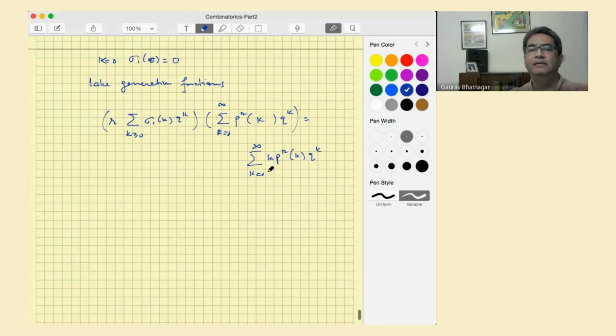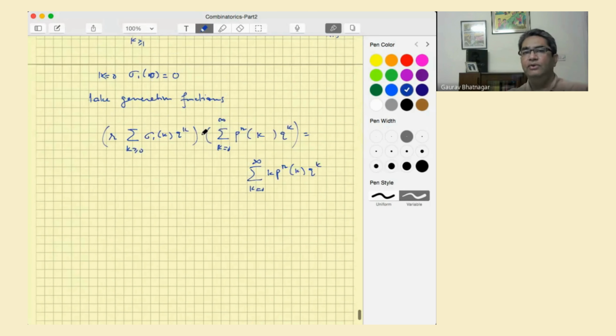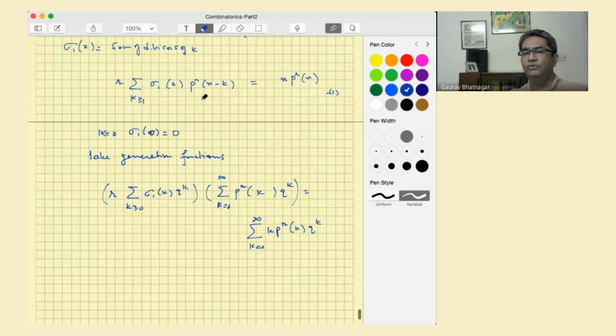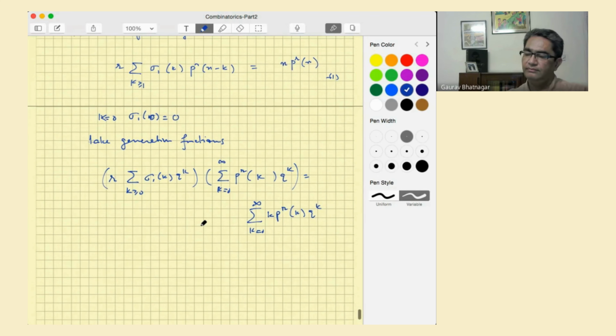So on both sides I'm just taking generating functions. On the left hand side, since it's a Cauchy product convolution, we just get this. Is that clear? Is this okay? Yes, Professor. So this we've done a million times, right?